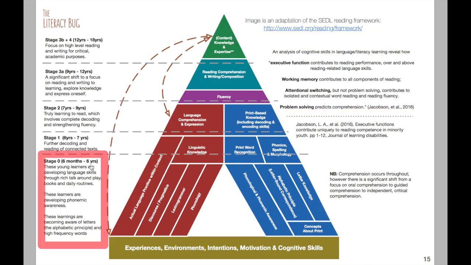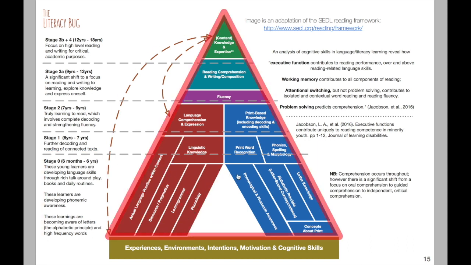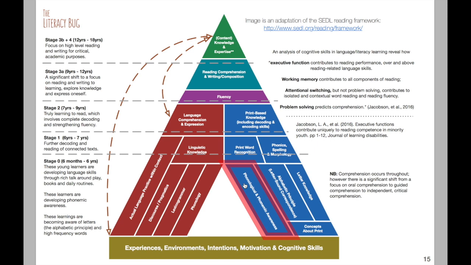And that's reflected here as in the first 6 years of life, the most dramatic focus is upon oral language development, understanding the sound structure within language and applying that to the knowledge of how letters work and how words are constructed. And with that foundation, initial work on decoding individual words and then reading connected texts before moving on to trying to consolidate that print knowledge and learn to read.